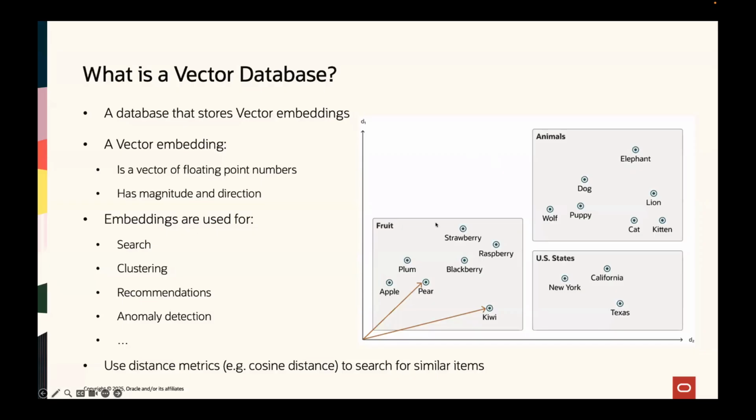Let's say fruit or animals or US states. It also allows recommendations on things that are similar, and some type of pattern recognition or pattern matching or anomaly detection, right? So this is what vector databases are used for, and it's a very flexible and powerful tool, not just for RAG.